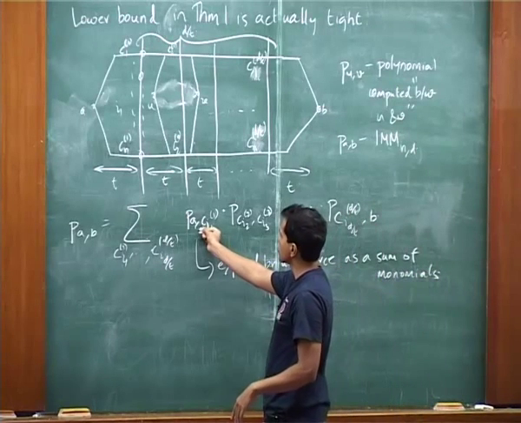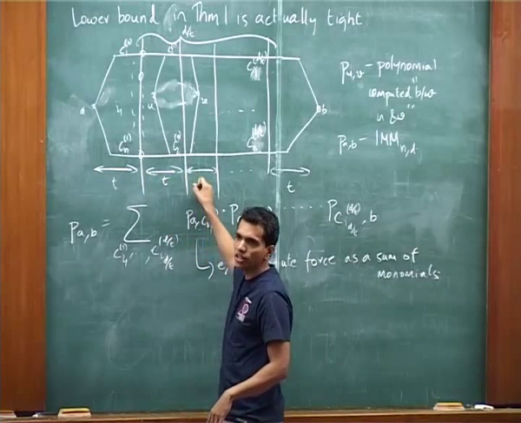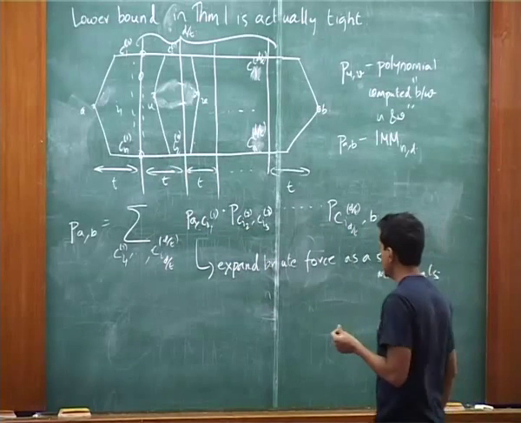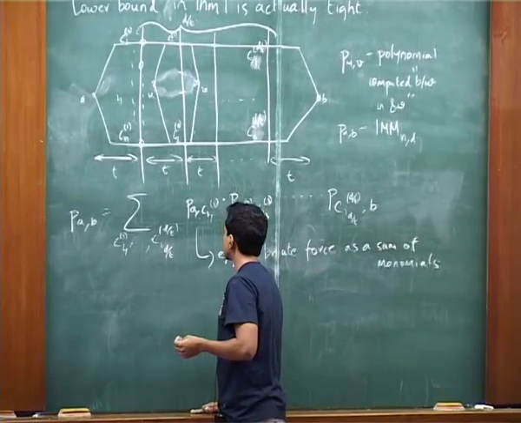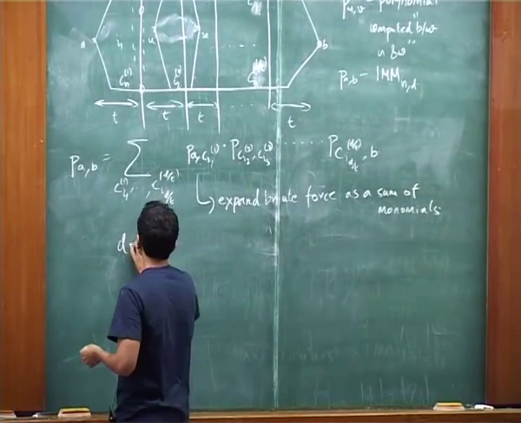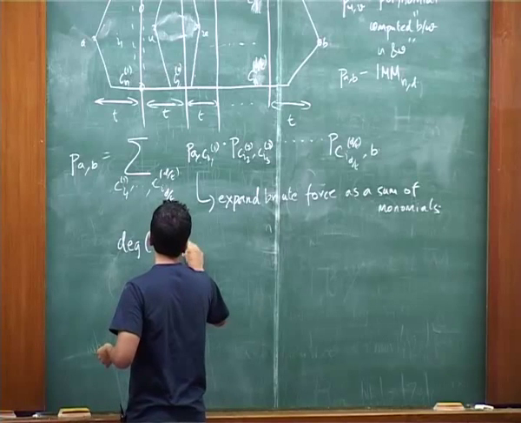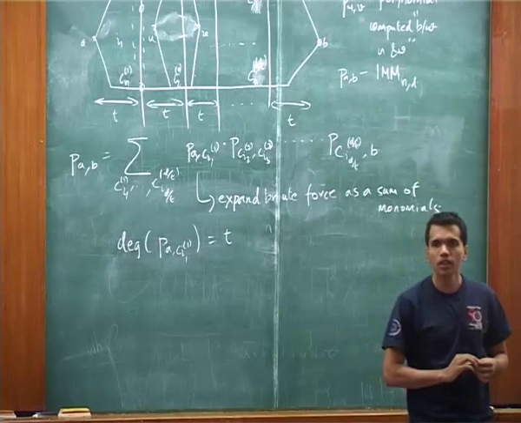What are the degrees of these polynomials? Well, the degrees of these polynomials are the lengths of these segments, so that's t. So these are in fact exactly degree t polynomials. The degree of PACI11 is equal to t, and in fact the same for all of these.